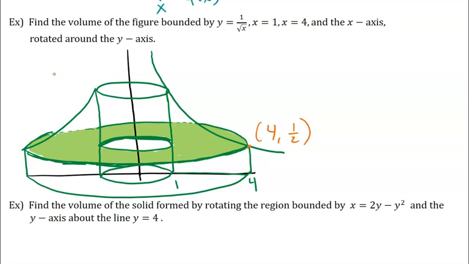But then the outer radius changes to be the x-coordinate of this function, and so we can't write one expression for the volume if the representative slice doesn't represent everywhere, okay?